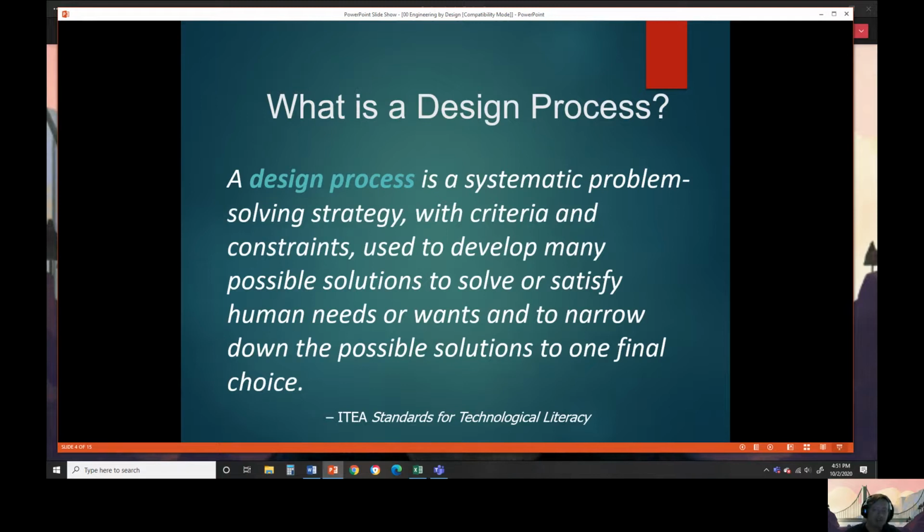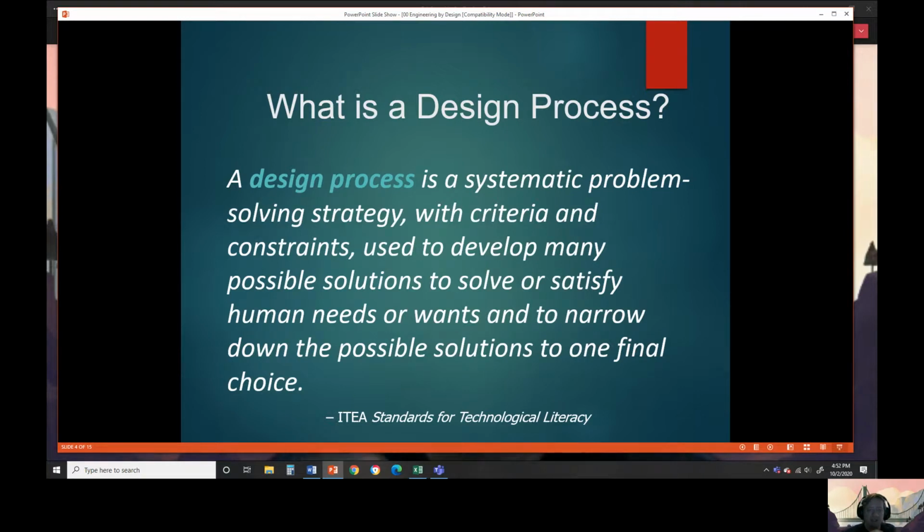So the design process is a systematic problem-solving strategy where we need to take into account certain criteria, which include constraints. Maybe it's money, maybe it's going to be outside, maybe it's within a certain temperature, maybe it's a certain size that we have to have it done, or a certain type of material. So, with criteria and constraints, we develop many possible solutions to satisfy human needs or wants, and narrow down the possible solutions to one final choice.